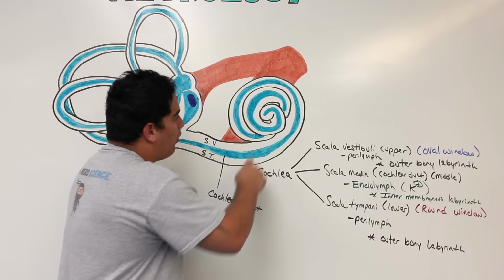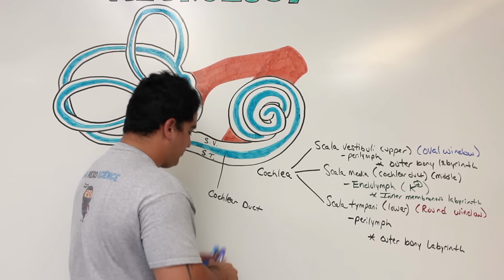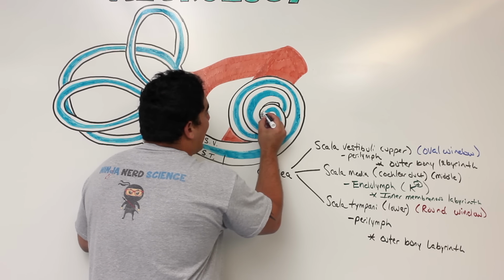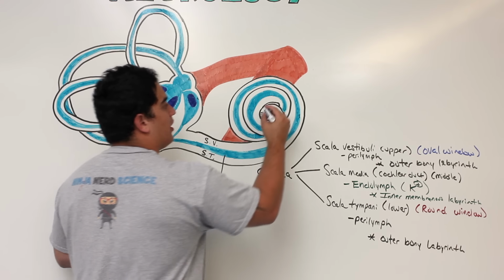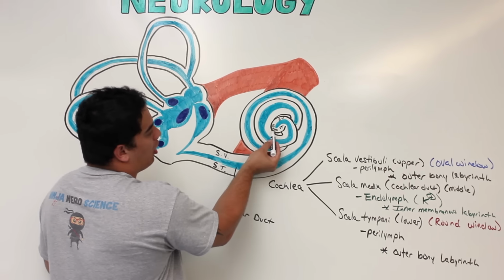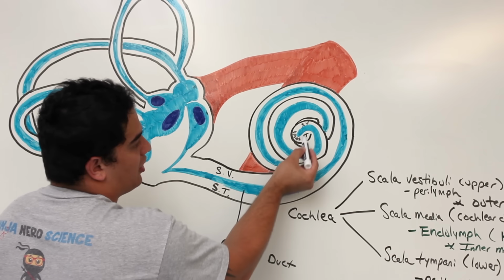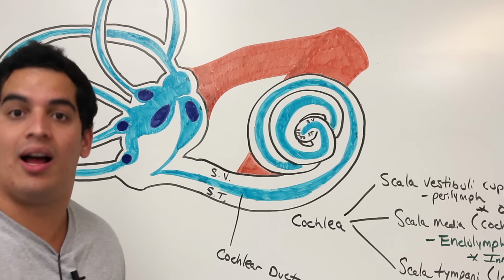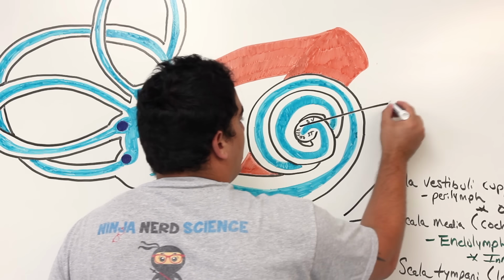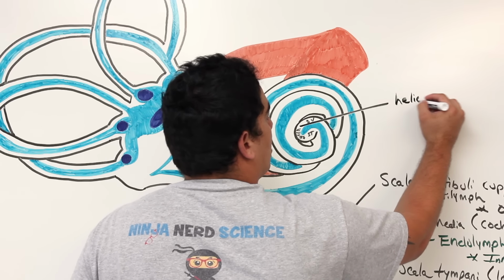You see this end point here, right there? I'm going to write it here. This point is where the scala vestibuli and the scala tympani actually come together and their perilymph combines. That's an important structure there, and that structure is called the helicotrema.